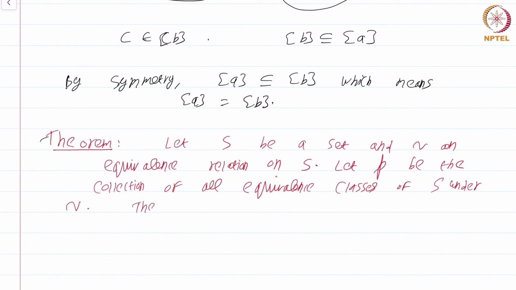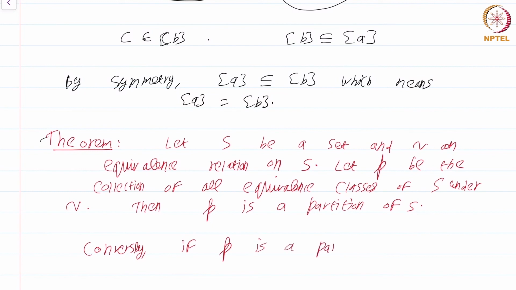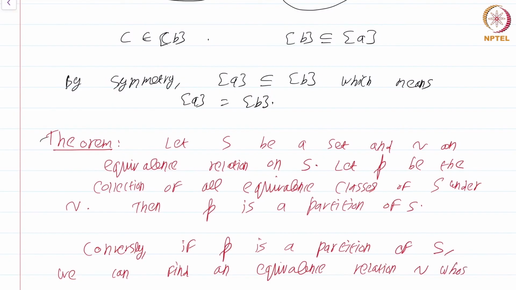Then P is a partition of S. Conversely, if P is a partition of S, we can find an equivalence relation tilde whose associated partition is P. So what does this theorem say?